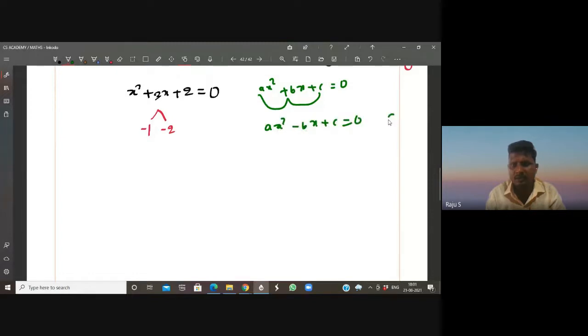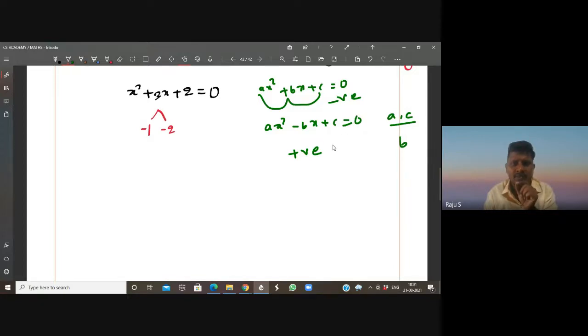Here a and c have the same sign and b has the opposite sign. In this case, both roots are positive. If a, b, c all have the same sign, the roots will be negative, and when a and c have the same sign, it may be positive or negative, and b has the opposite sign.